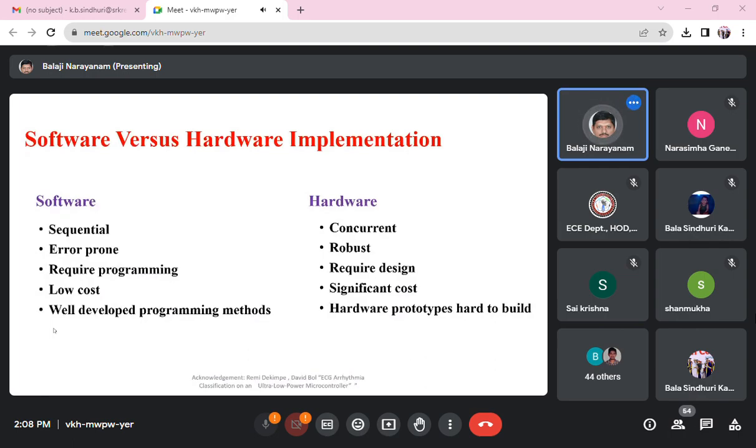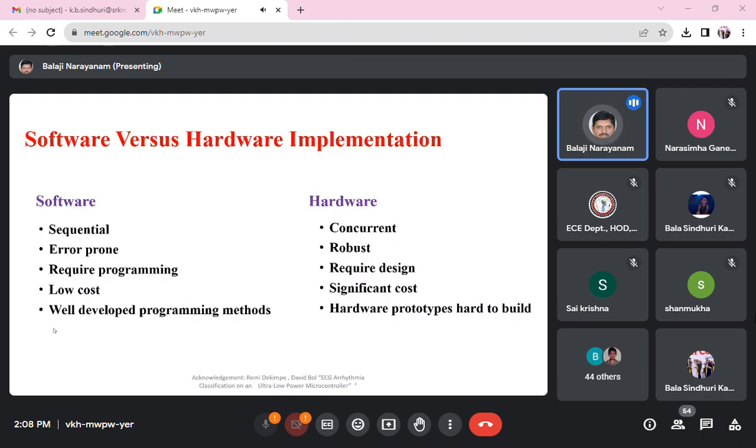You can observe, if I implement this in software, the software implementation is sequential in nature. That means after executing the first instruction, then the second instruction needs to be executed, and so on. Whereas when it comes to the hardware, it's concurrent in nature, which makes the hardware implementation much faster and robust when compared with the software implementation.